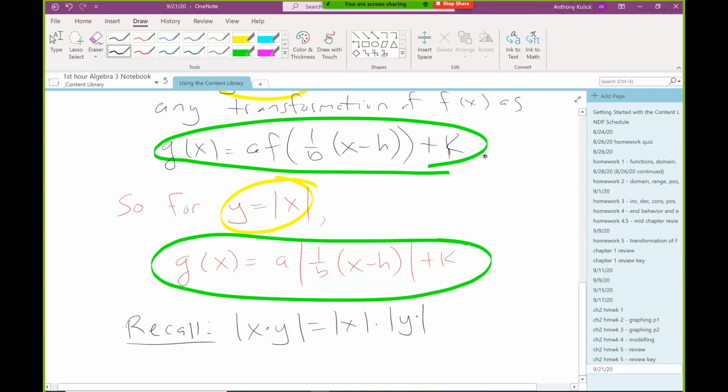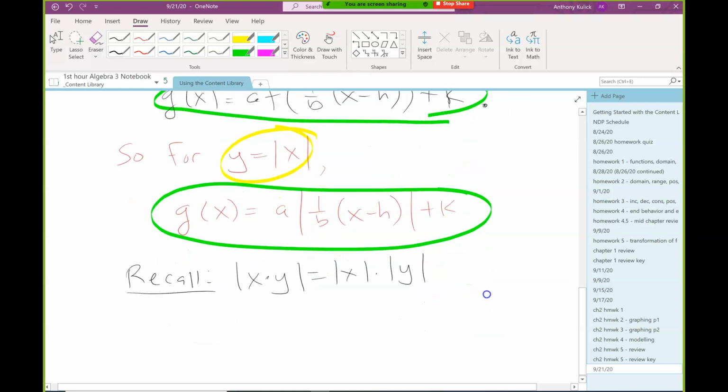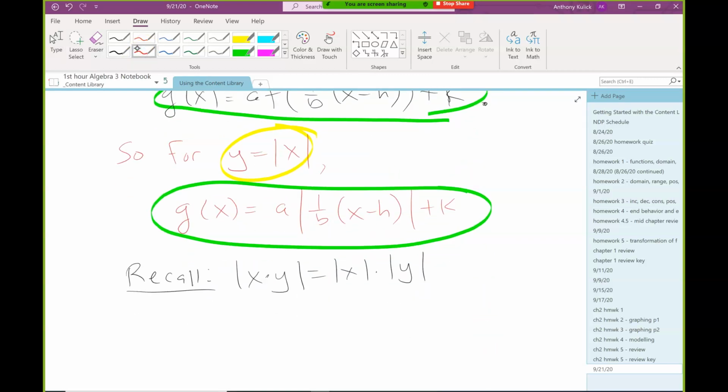You guys remember that? So in the case of g of x, I notice that I have multiplication going on inside my absolute value right there, between the 1 over b and the x minus h.